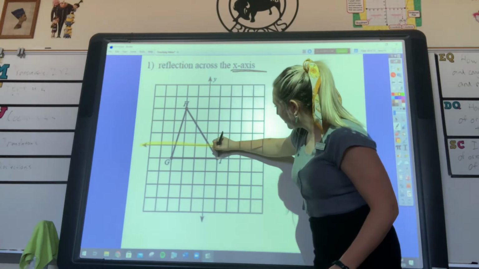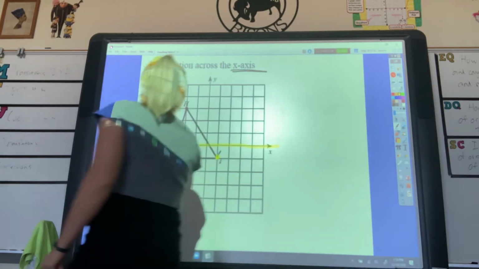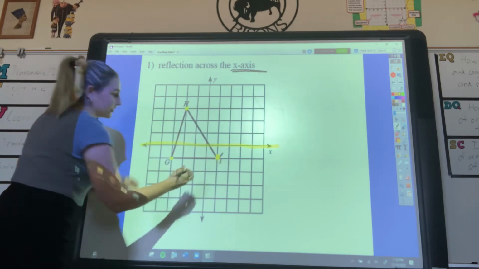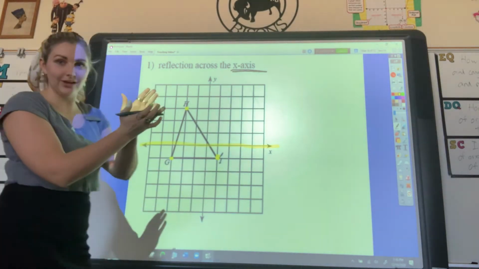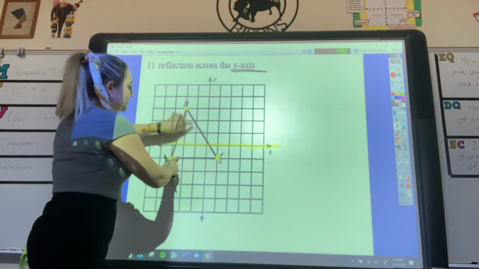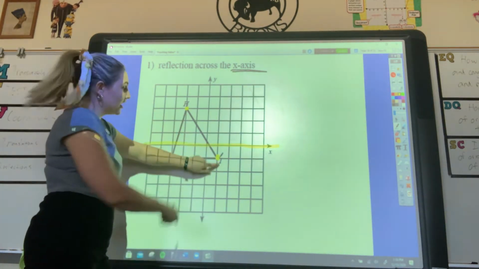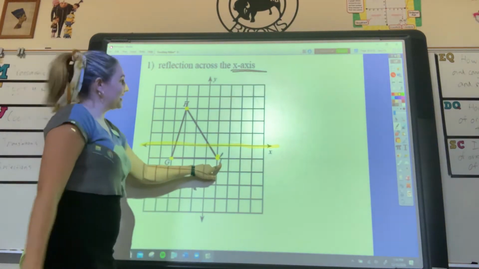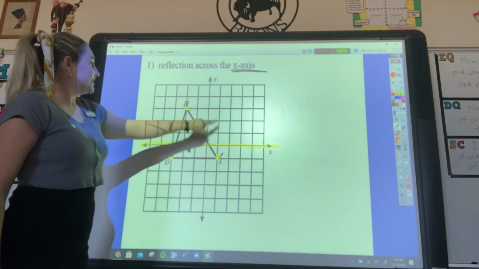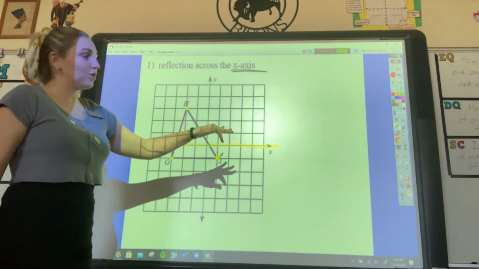We have a triangle which has 3 vertices. A vertice is where 2 lines meet. You may hear that term later. These two come up and form this vertice, which is labeled I. And we have a vertice H and G. So G, H, I. We need to take each of these points and reflect them over the x-axis.